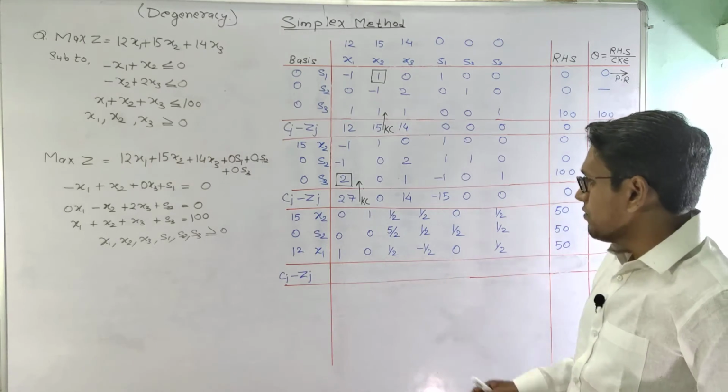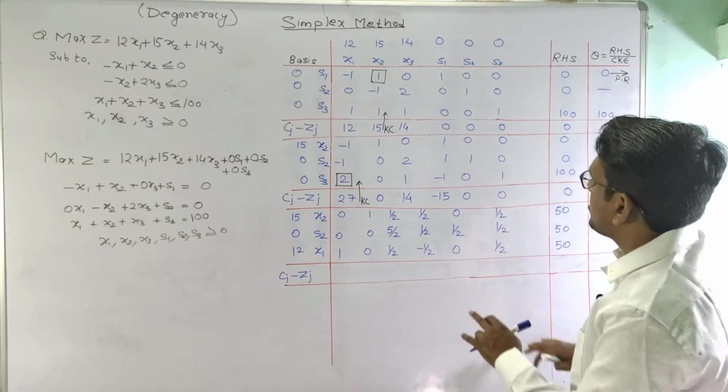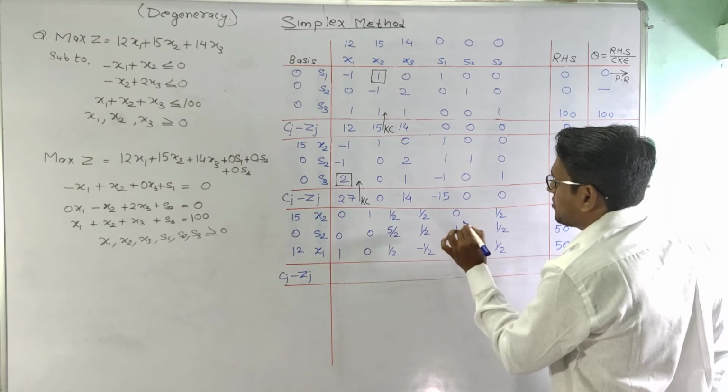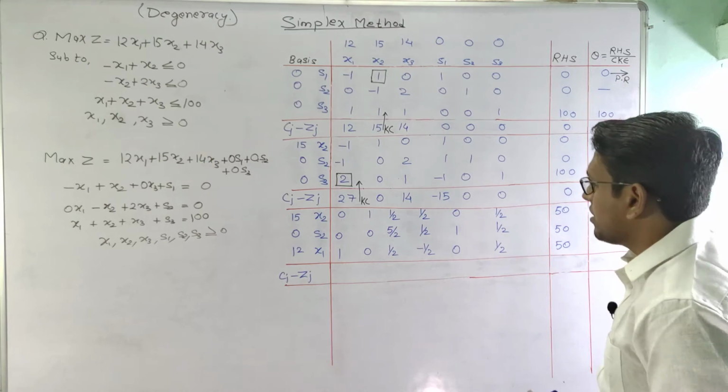So now again what we need to do is there is some problem here, sorry, this will be 1, so that it will form unity matrix. Then the rest is okay.